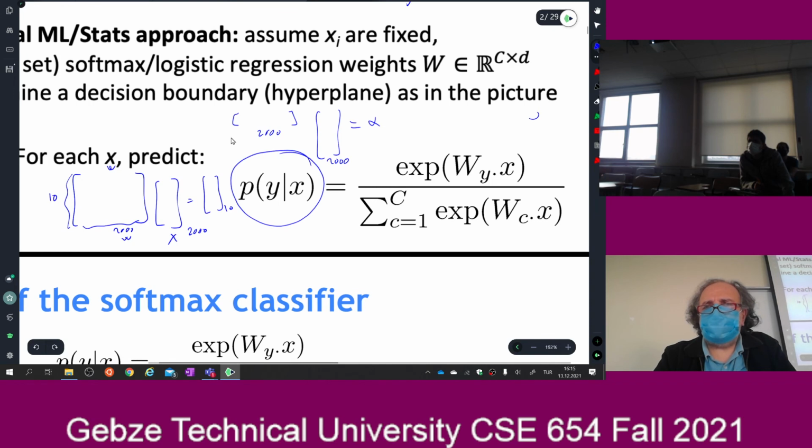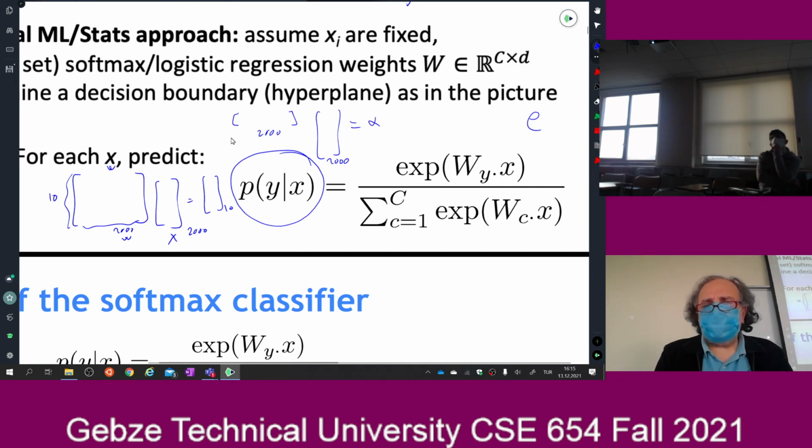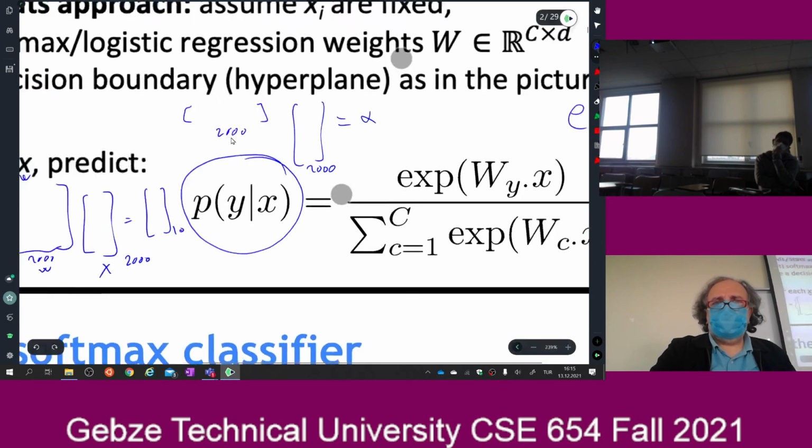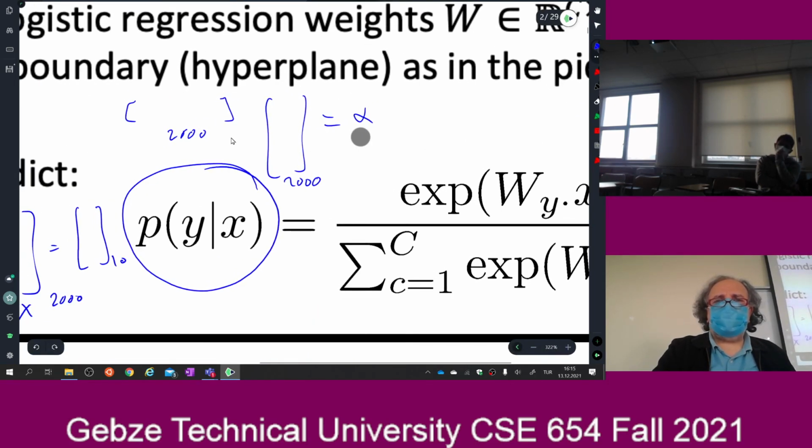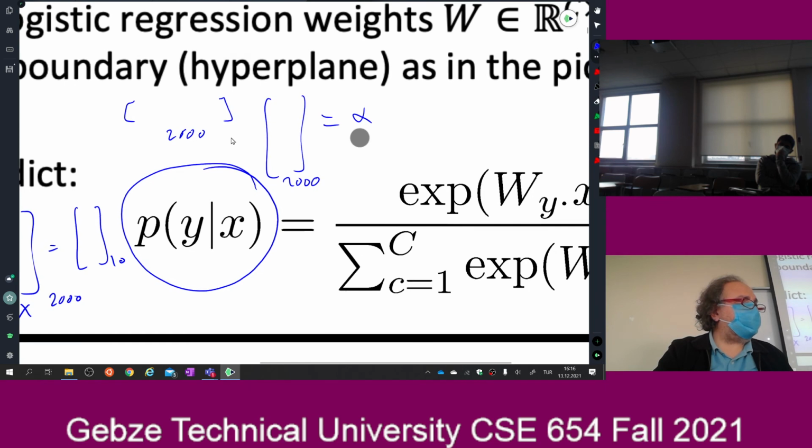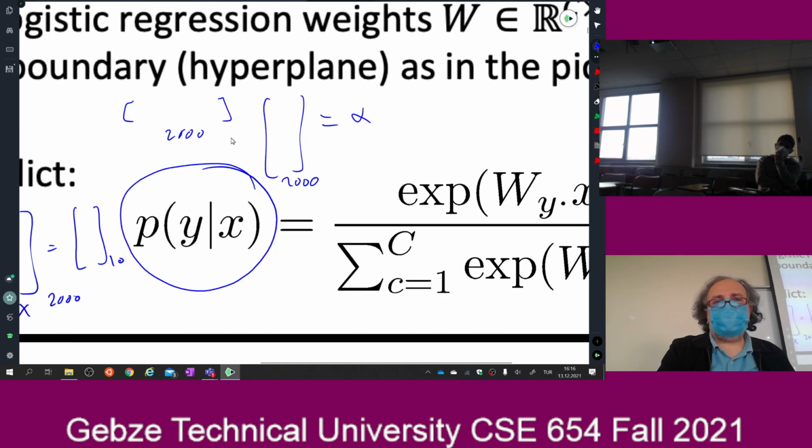Of course, x means e to the power something, right? Is this going to satisfy that constraint? By the way, what is the range for the alpha? Can it be a 0? Yes, if the angle between them is 90 degrees, it's going to be 0. Can it be 1? Yeah, if they are completely the same. Can it be a negative number?